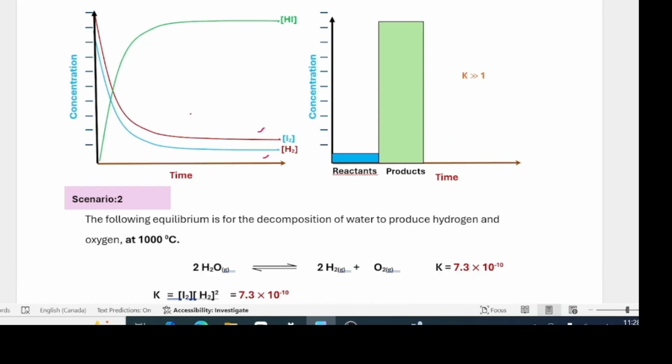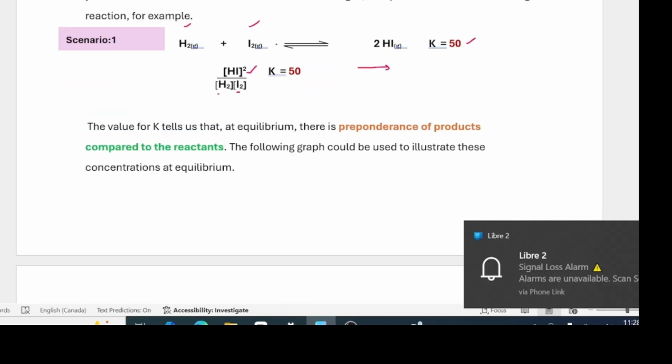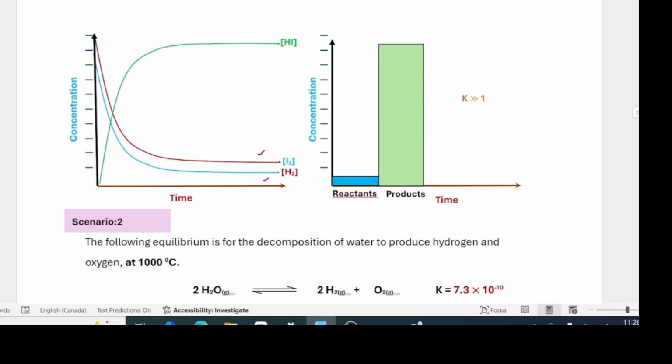I want you to see how the rate of reaction of iodine is the same as the rate of reaction of hydrogen because they're reacting in a 1-to-1 mole ratio. Notice how the equilibrium concentrations of hydrogen and iodine are low, but that of hydrogen iodide is extremely high.